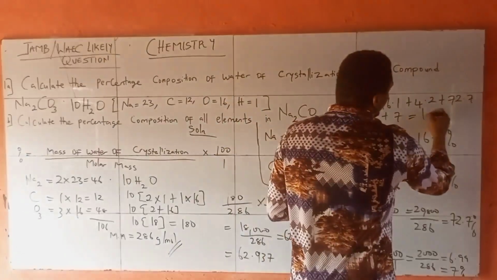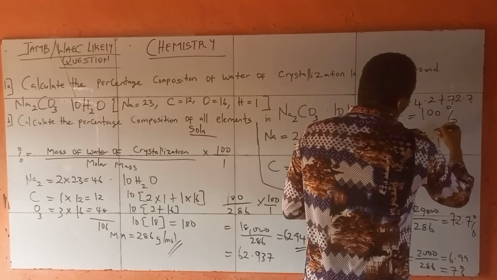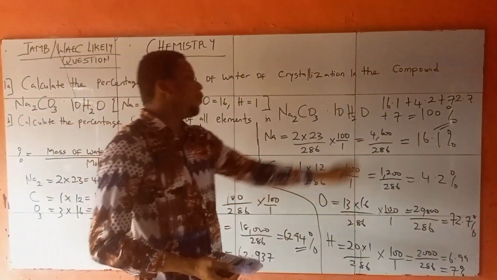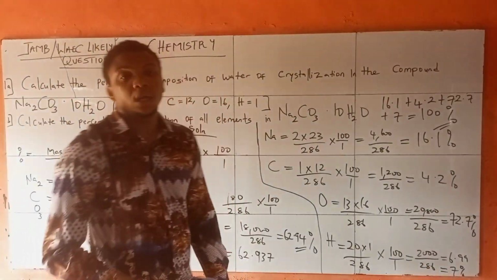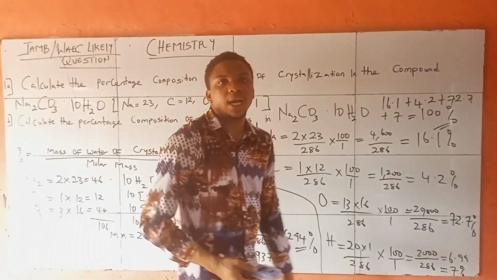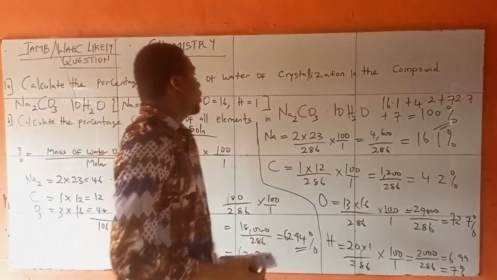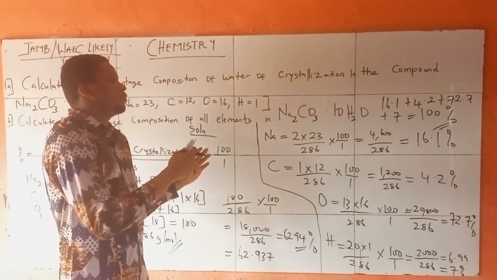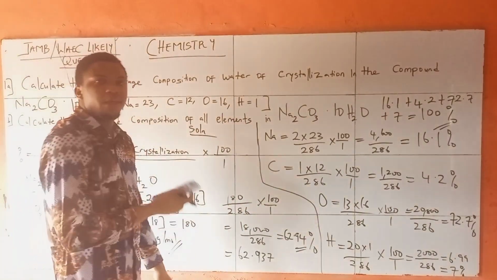Yes, this gives us what? 100%. This is how you know that your answer is correct. When you sum up all the percentages together, you have to round up to 100%.